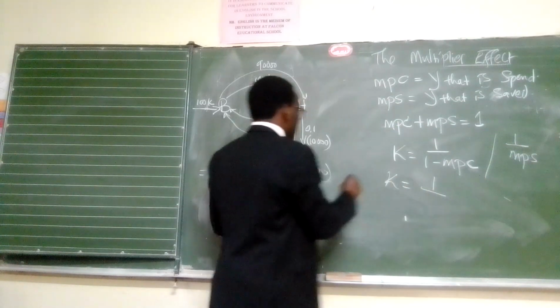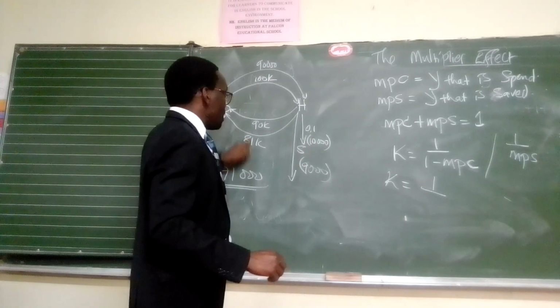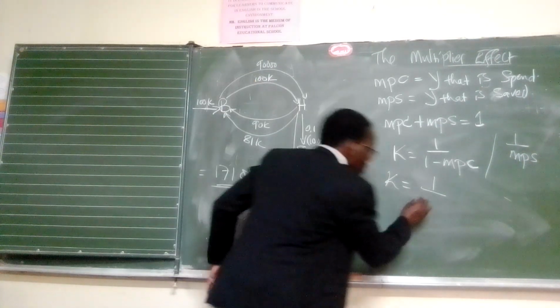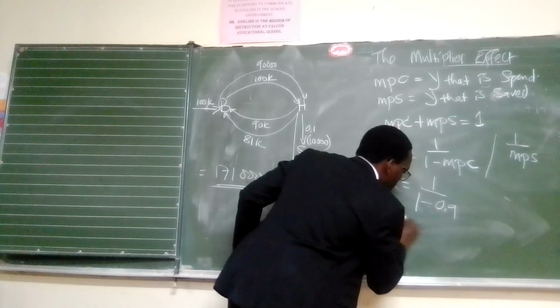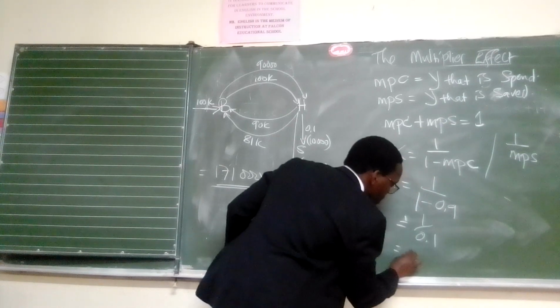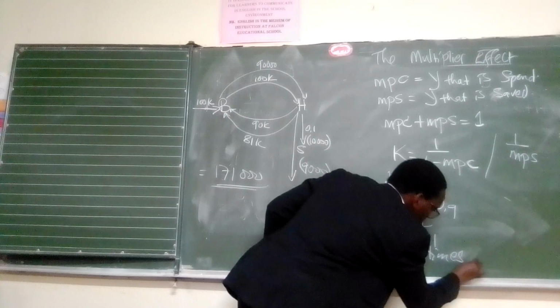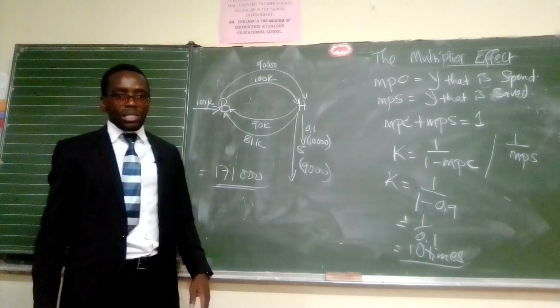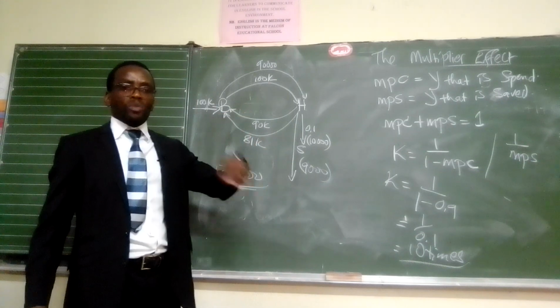So it is 1 minus 0.9, which is 1 over 0.1, which is equal to 10 times. It's called 10 times. So it means our national income is going to multiply itself 10 times.